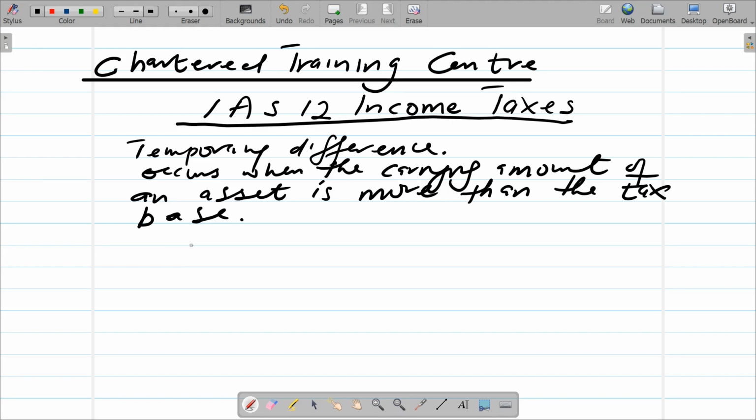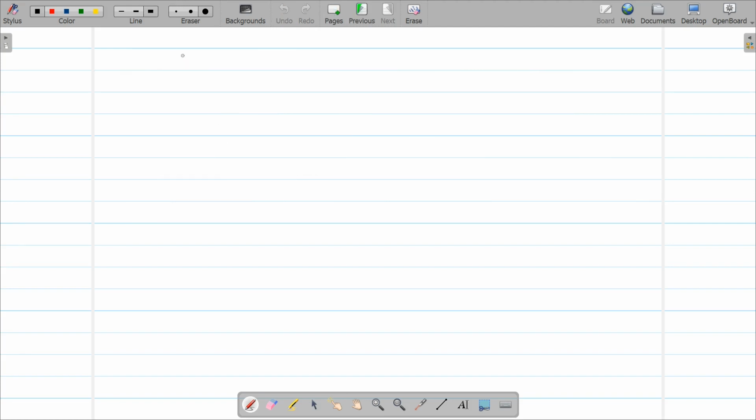So let's find the carrying amount of the asset. After that, we find the tax base of the asset. So let's calculate the carrying amount of the asset.